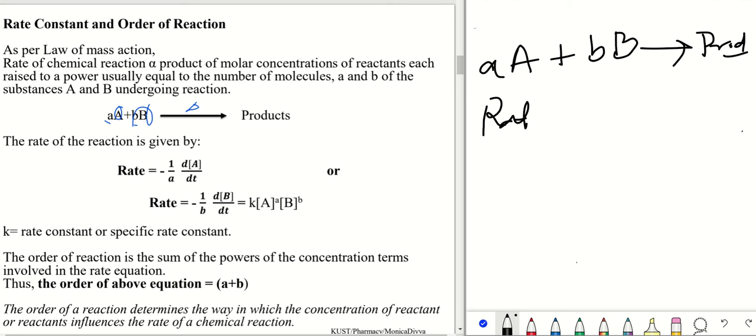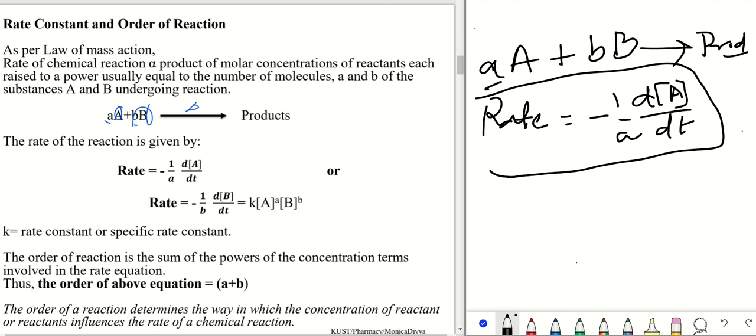The reaction rate is normally given by minus the concentration term by dt. As we need to consider the number of moles, the formula turns out to be 1 by small a. This is how we can incorporate the number of moles and get the reaction rate equation.